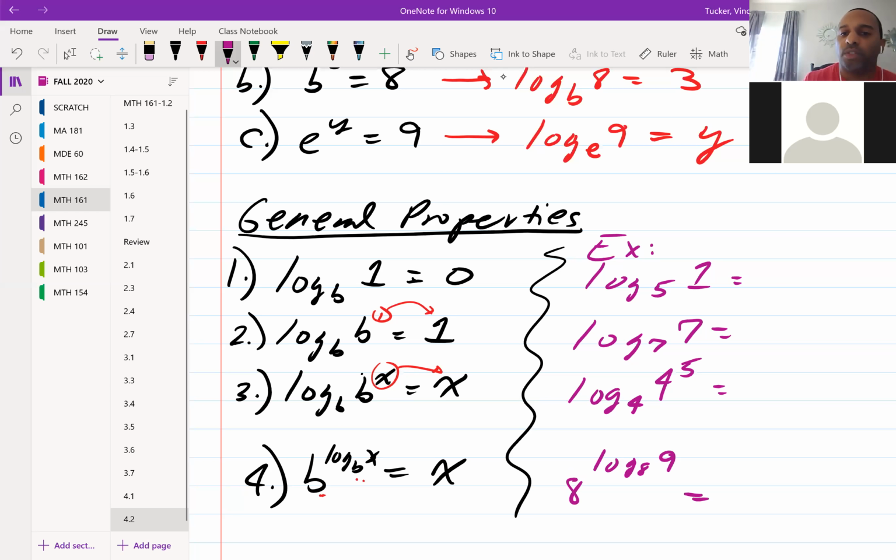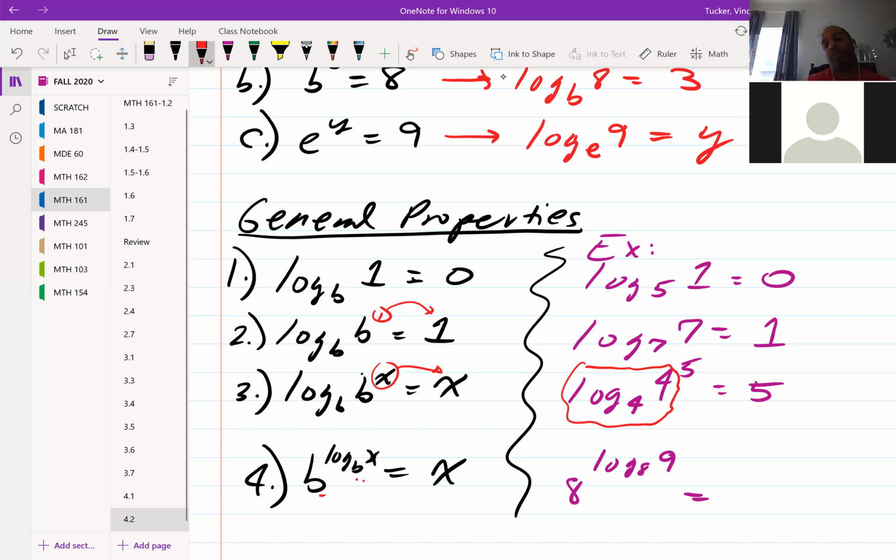All right, so just quick examples of that. Log base 5 of 1 is going to be 0. Log base 7 of 7 is going to be 1. Log base 4 of 4 to the 5th power is just going to be 5. So what we're saying is that this part, because they have the same bases being applied to each other, will cancel out and just leave you with the 5.